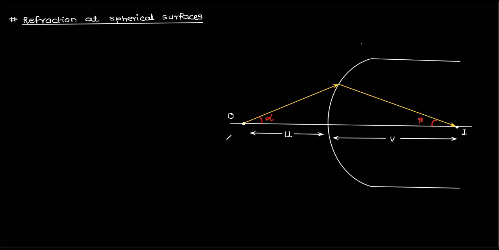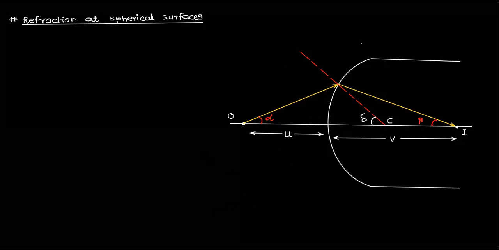Now, if I draw a normal, then it will go through the center of curvature. You can see here, this is its center of curvature, I am drawing with a dotted line. So let us suppose this is your center of curvature, that is C, for center of curvature. And this angle is delta.